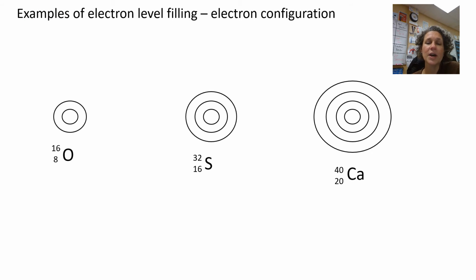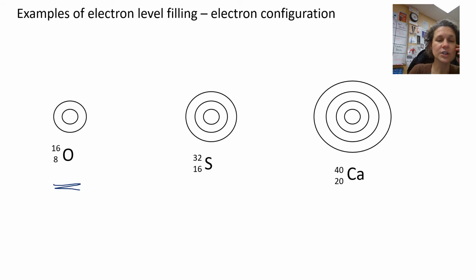Okay, a simplified version of electron configuration is just to use circles to represent the energy levels, and X's or dots to represent the electrons. I'm just going to do the first one. We'll do the others in class. If we're talking about oxygen, this is O over here.